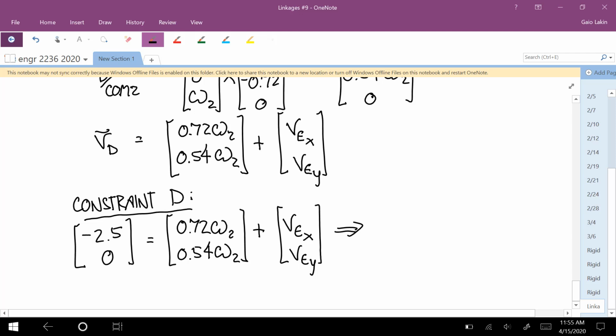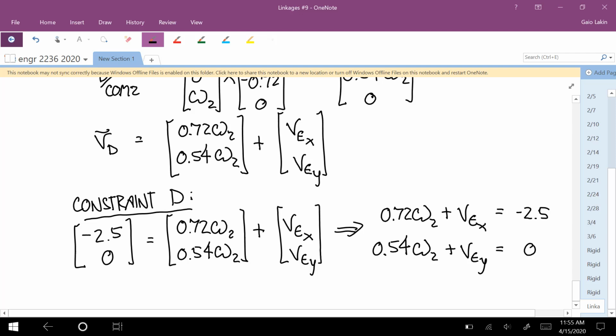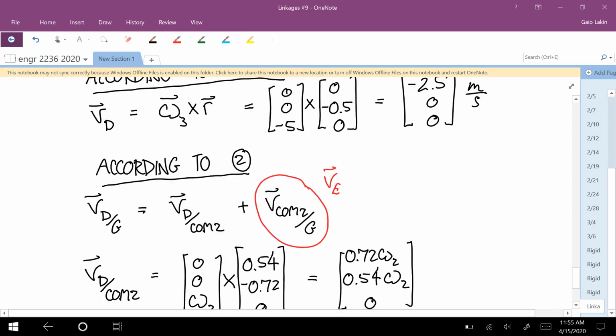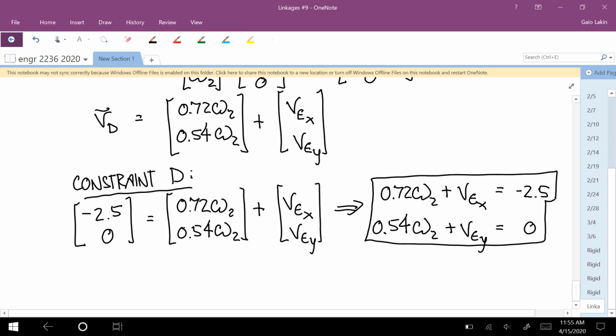I can write this as two equations. So we have 0.72 omega 2 plus VEX is equal to negative 2.5. And then 0.54 omega 2 plus VEY is equal to 0. Okay, so that's our first.